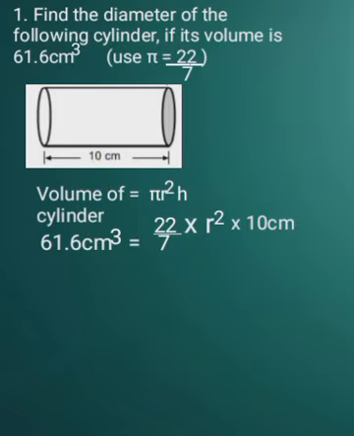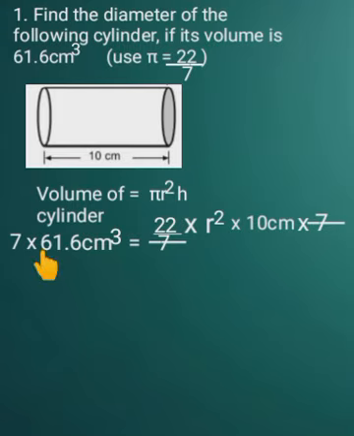So here it will be 61.6 centimeter cubic equal to 22/7 r squared times 10 centimeter. Here you multiply by 7, both sides multiply by 7.